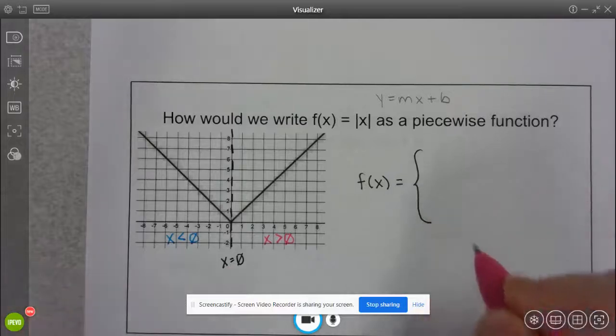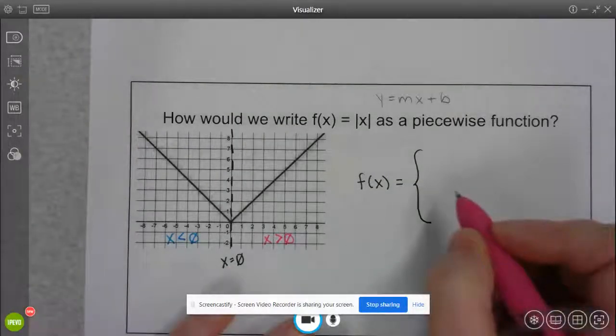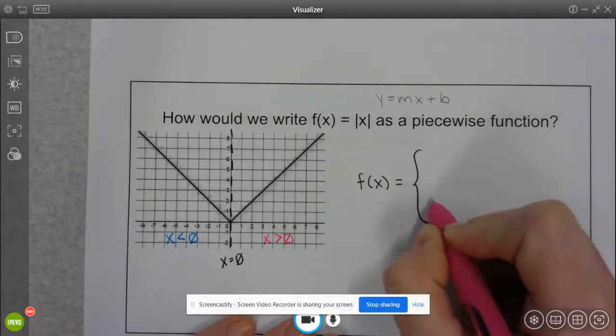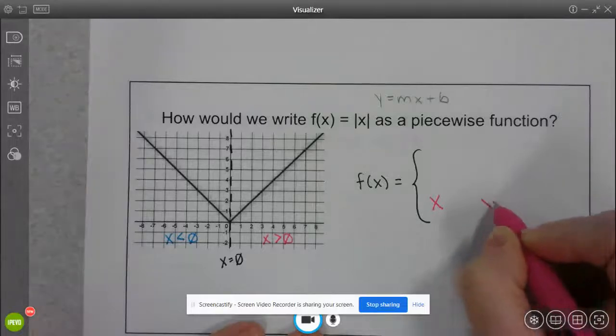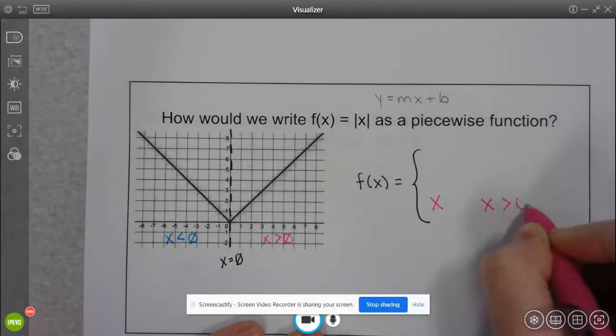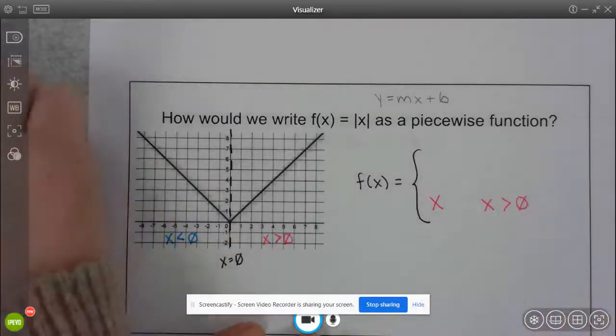So our equation would be just 1x or x, and that's for when x is greater than 0.